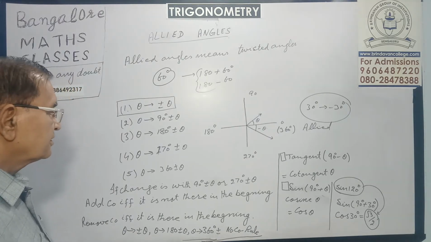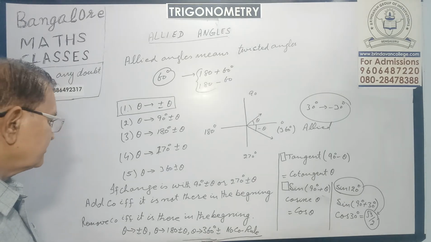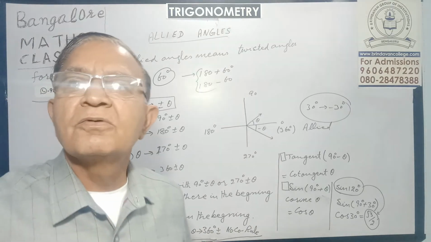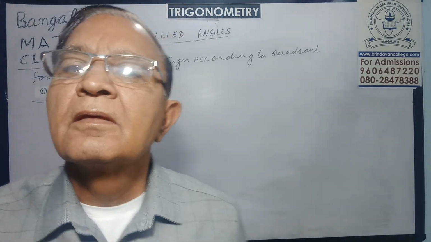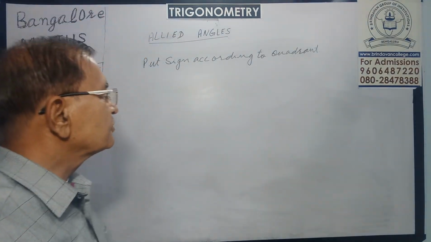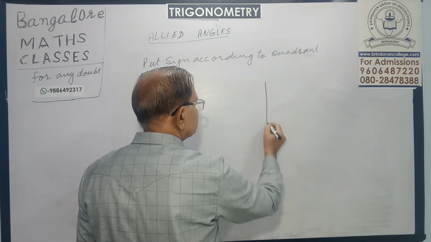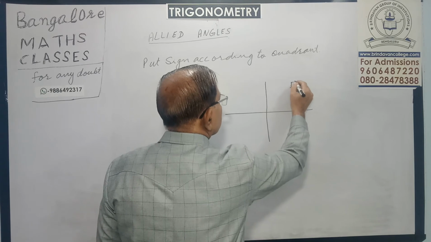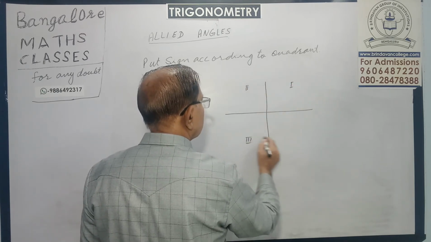Then lastly, put the sign according to quadrant. There are 4 quadrants: first quadrant, second quadrant, third quadrant, fourth quadrant.